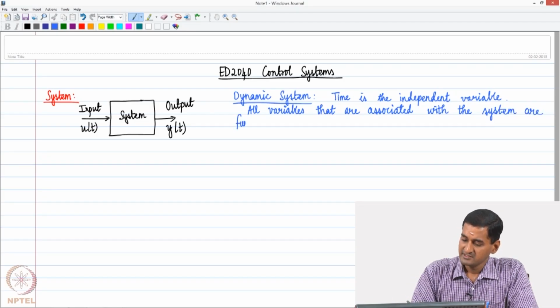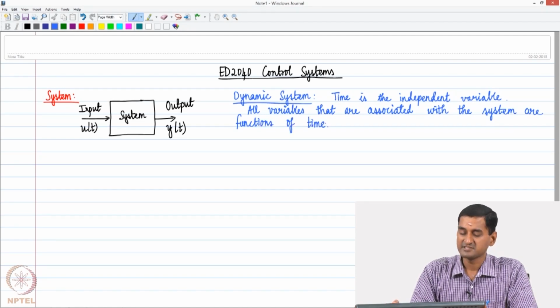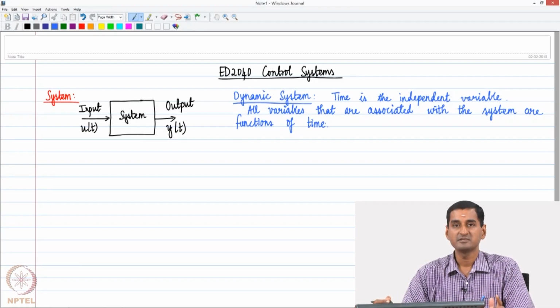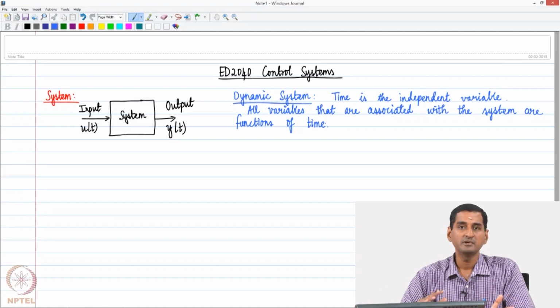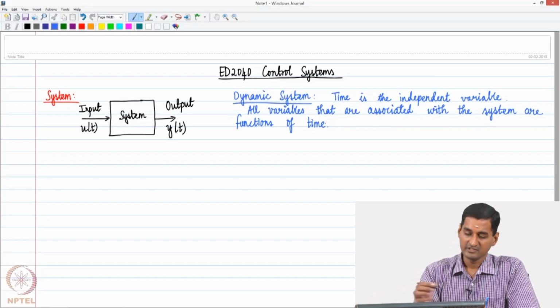Okay. So, we are going to deal with the so called dynamic systems, where variables change with time, and a system or a process or a plant essentially is an entity that is given an input and produces an output. Okay. So, that is the visualization we would be having for the system.